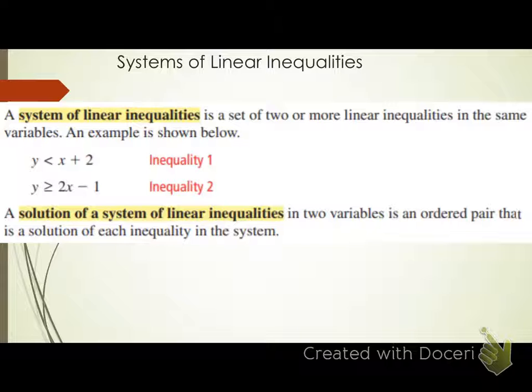So just because the ordered pair fits the first inequality does not mean that it's a solution for that system. It has to fit both inequalities for it to be a solution of the system. Same thing for the other one. Just because it's a solution of the second inequality doesn't necessarily mean it's a solution of the system. It has to be true for both inequalities.